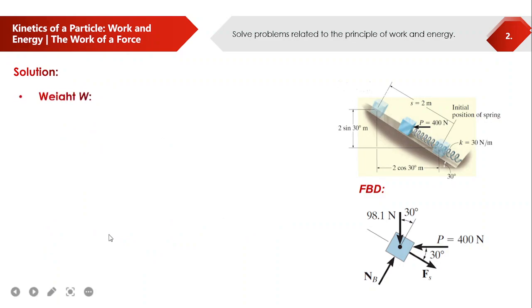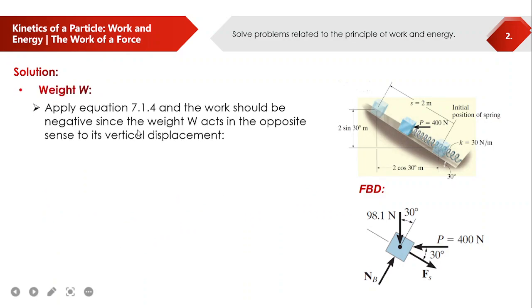How about yung weight? Meron din tayong weight, di ba? So apply 7.1.4 and work done should be negative since the weight W acts in an opposite sense to its vertical displacement. So that will be U sub W is equals to negative W delta Y is equals to negative W S sine theta. Okay?